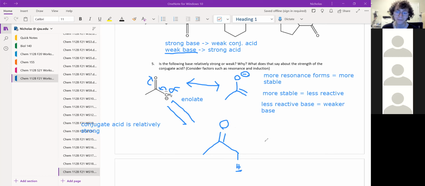So this is a relatively strong acid. And that's a big part of the reactions in the next two chapters, the fact that you can take these hydrogens. So good to be able to rationalize why you can do that.